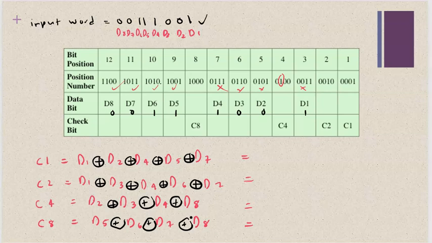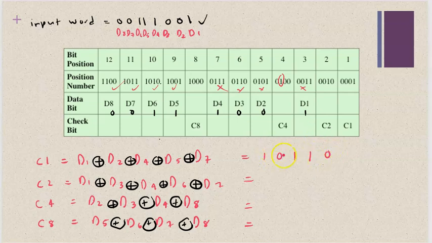So if you still remember, D1 is 1, D2 is 0, D4 is 1, and D5 is 1, and D7 is 0.